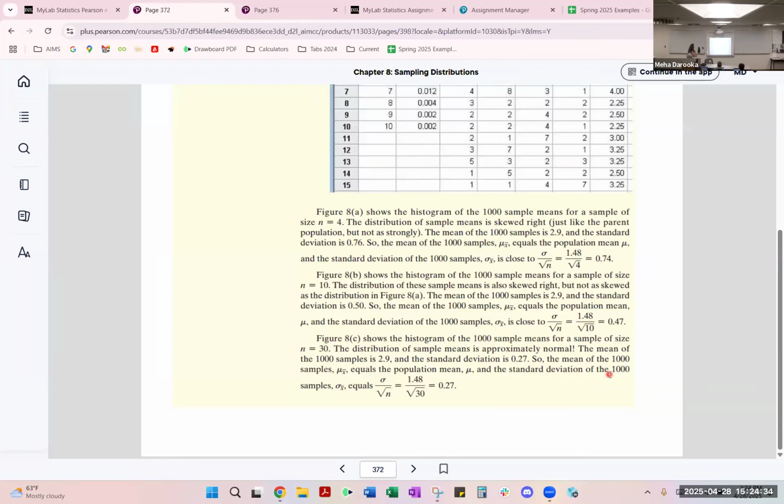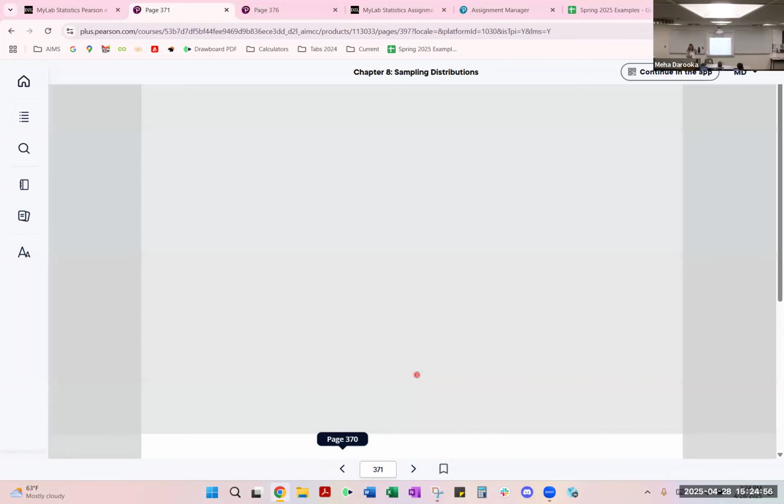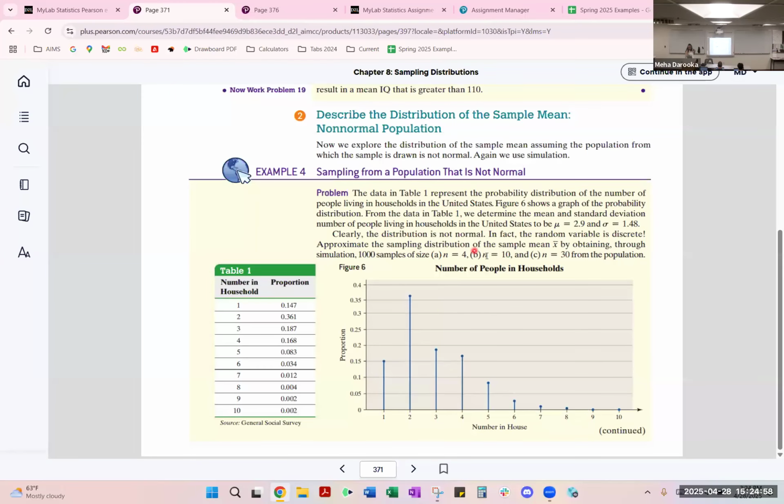Then they're talking about when you took the mean of the 1,000 samples, it actually came out to be 2.9, and the standard deviation came out to be 0.76. So the mean of the 1,000 samples equals the mean of the population, which was also 2.9, but the standard deviation was different. The population's was 1.48.